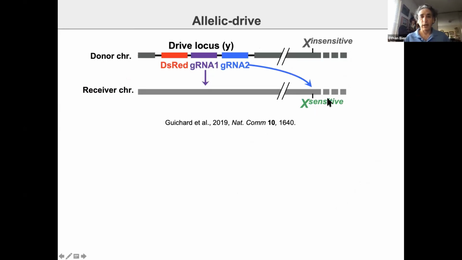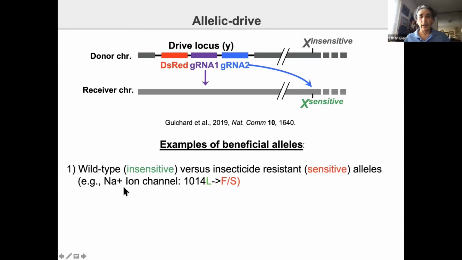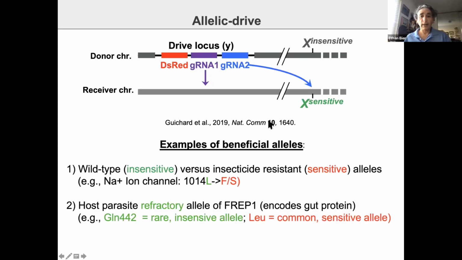So the not preferred one could either be a mutant form of the voltage-gated sodium ion channel, the so-called KDR mutants that confer resistance to insecticides, or it could be a parasite susceptible form of an endogenous host protein, such as the FREP1 gene, which comes in two flavors, one that is very friendly to parasites, and that's the typical one, and another one where you mutate a particular residue from leucine to glutamine that confers a refractory parasite phenotype.